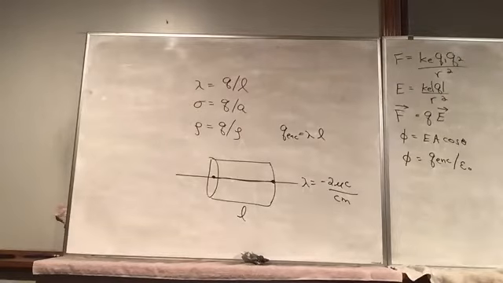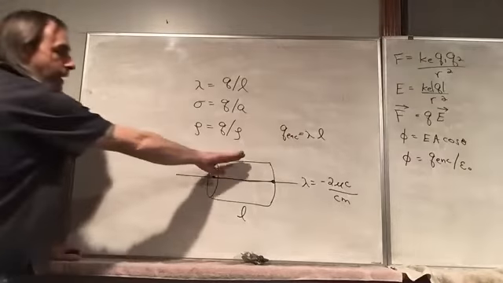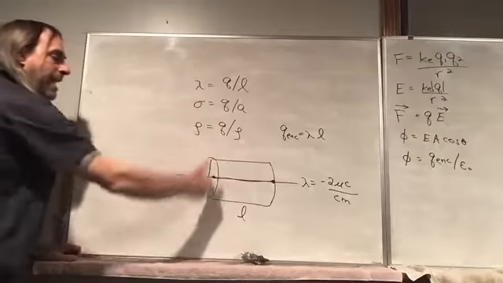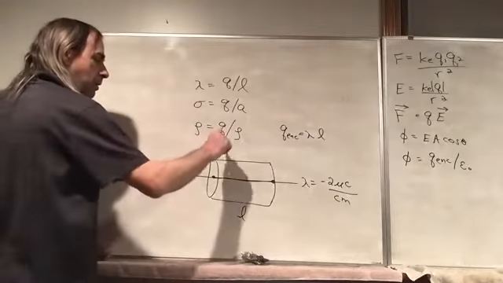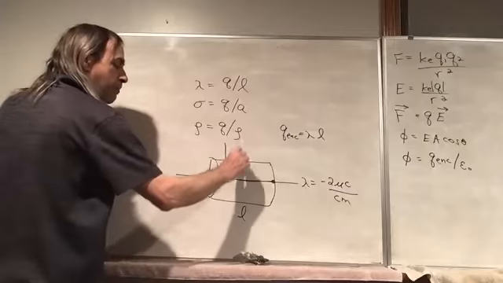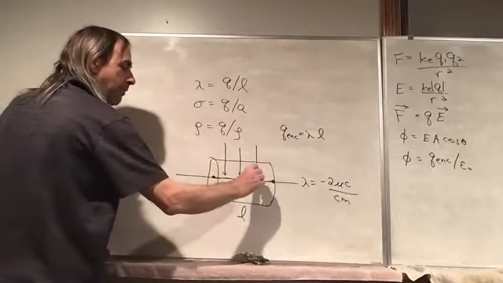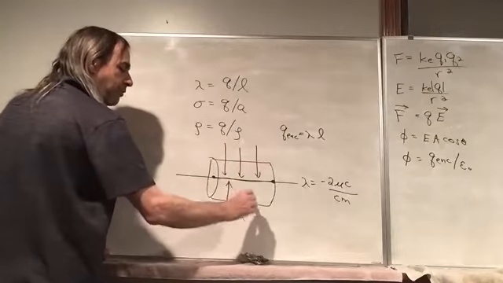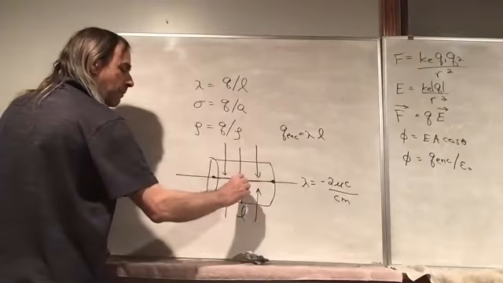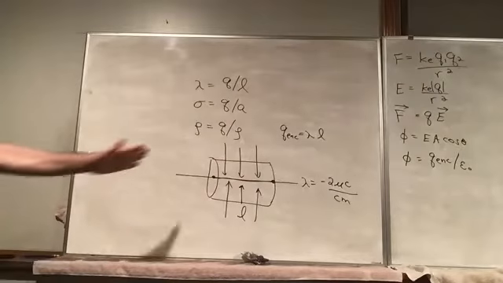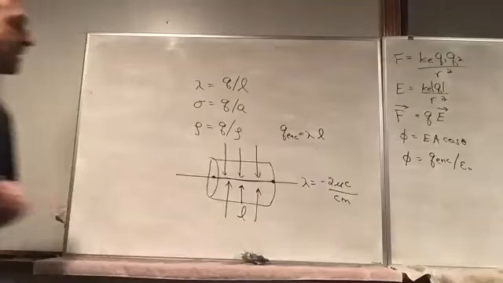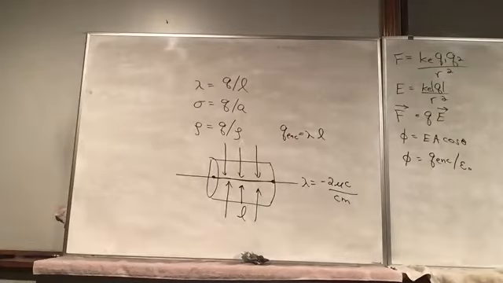So you might have to find the actual charge enclosed, and the flux in this case would be just E times the area of that cylinder, not including the two ends. Those two ends have area as well, but the electric field lines would be perpendicular to the line itself because it's a negative charge. They would point towards the line, so the flux through these two surfaces is 0.